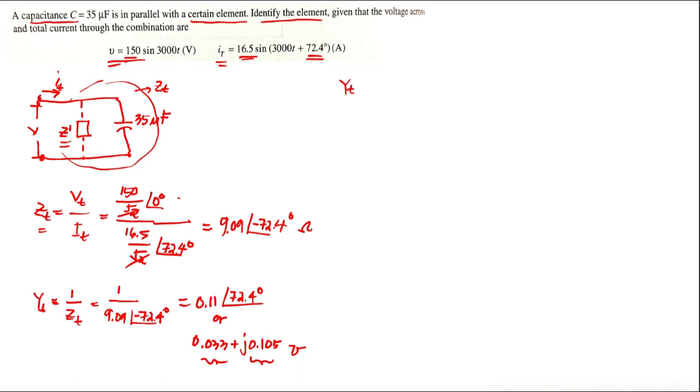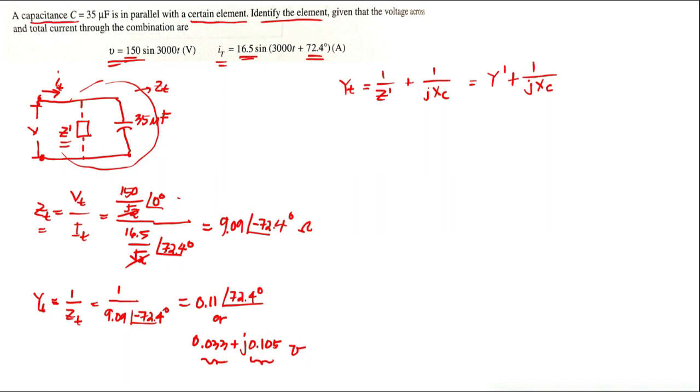Solving for Z prime, actually y sub t, let us get the value of this one in admittance form. That will become 1 over Z prime plus 1 over j x sub c, or can be written as y prime plus 1 over j x sub c.